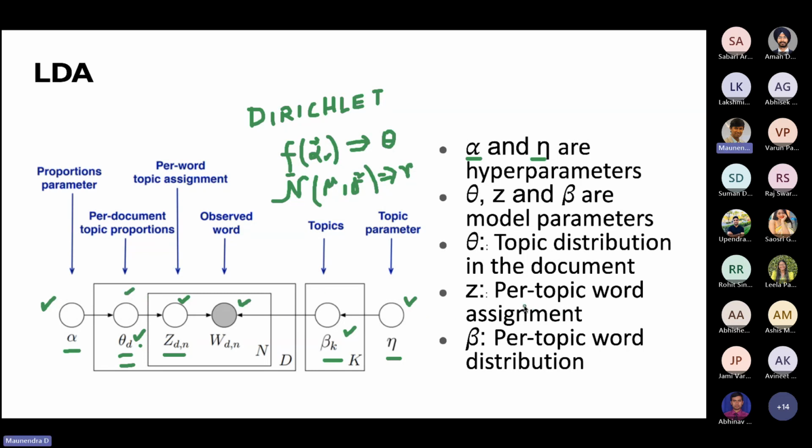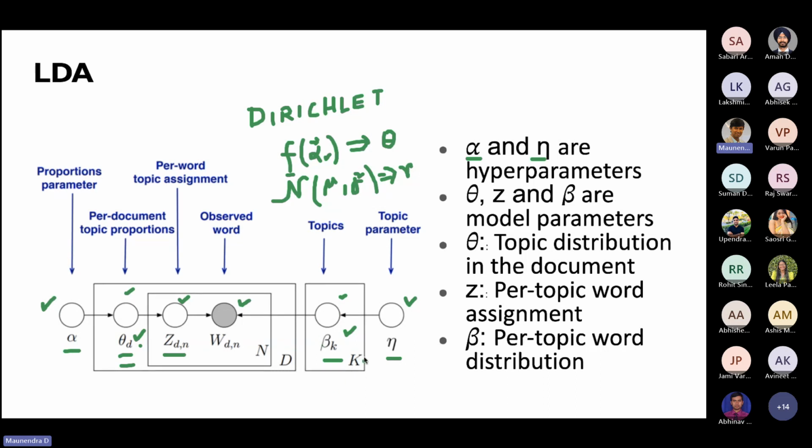Z is the topic assignment per word in the document, and beta is the per-topic word distribution. So I believe the symbols here are clear, and the meanings of these arrows are also clear. Two things we have not talked about. What is this k?